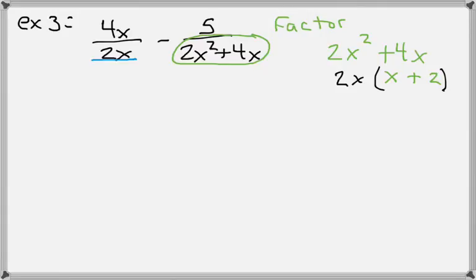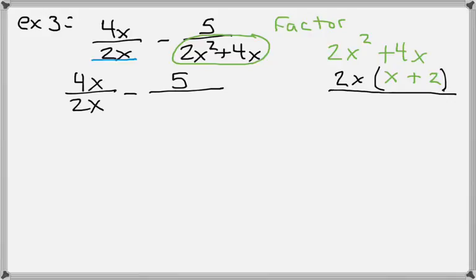So first I need to go ahead and copy down that first fraction because I haven't touched it yet. So we had a 4x over a 2x minus, I didn't mess with the numerator, I changed the denominator. So I'm going to replace that circled part with what we found over here to be the factored form of it. So now I have a 2x and an x plus 2. Now we want to again see if we have a common factor.